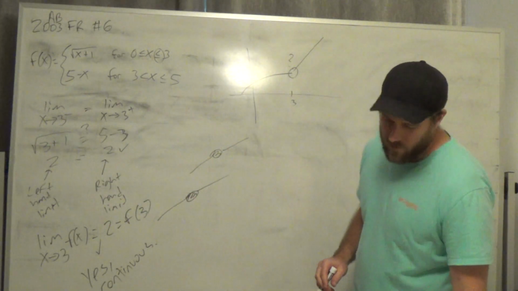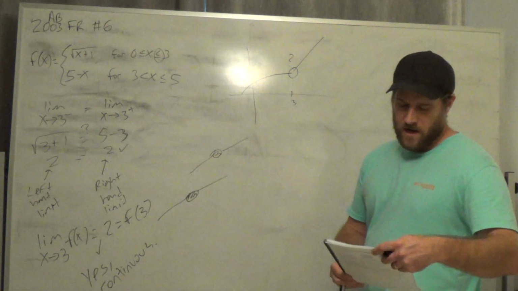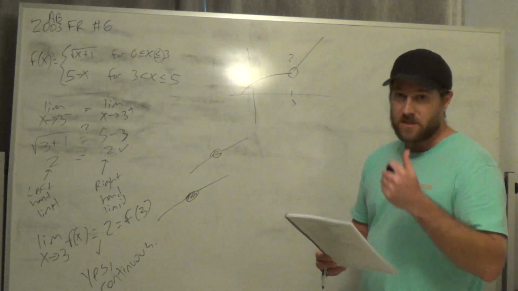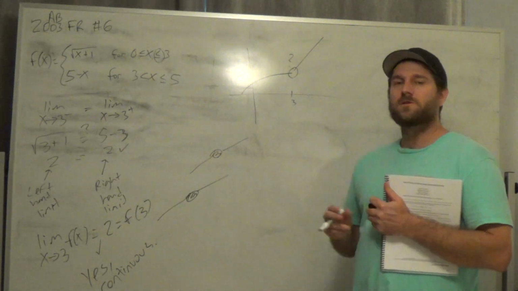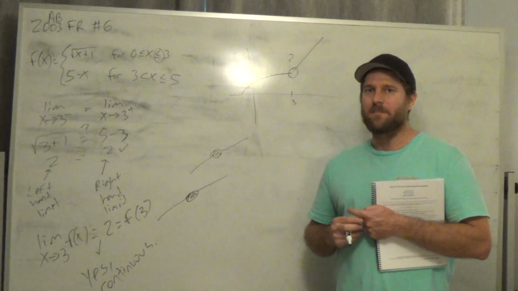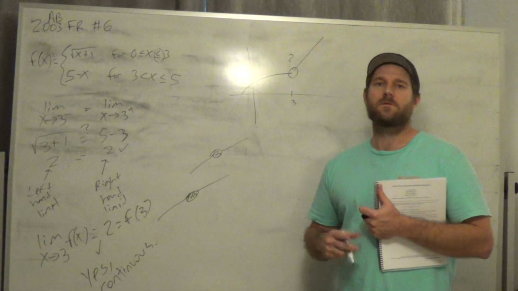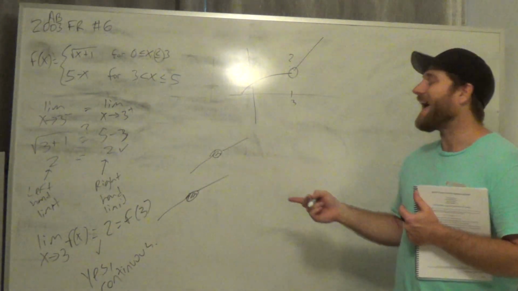Alright. The next question says, find the average value of f of x on the closed interval from 0 to 5. Now, first of all, average value of a function is no longer on the AP exam. However, a lot of the steps leading up to our final answer are important. So let's talk about average value.